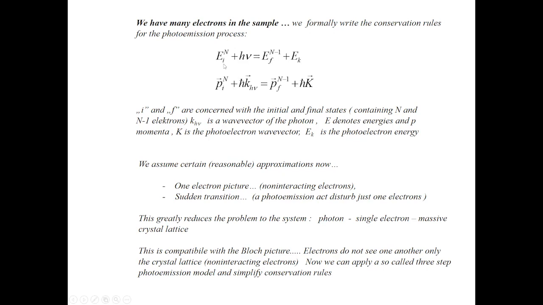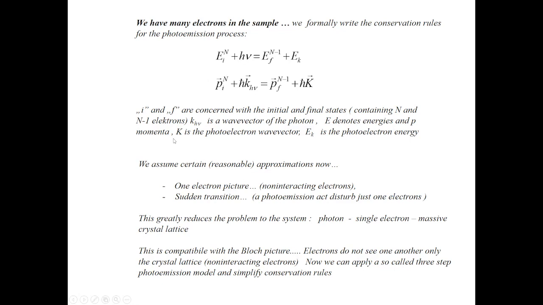At the beginning we have an N-electron system and the energy of a photon, and at the end we have an N-1 electron system and one electron which has been removed from the system to the vacuum. It has energy K, kinetic energy. And the same we can write for momenta here.